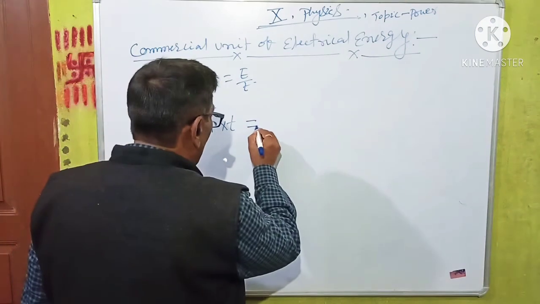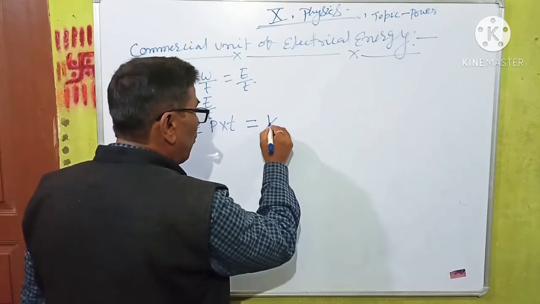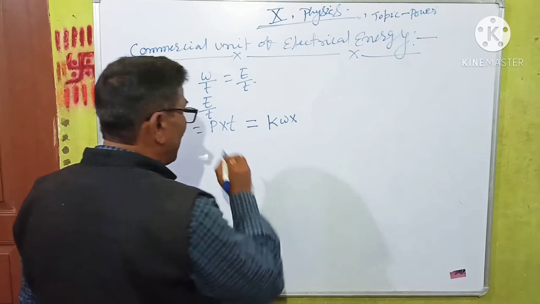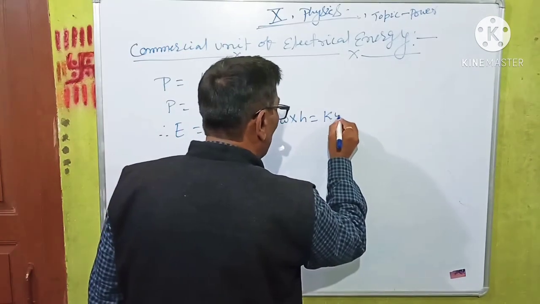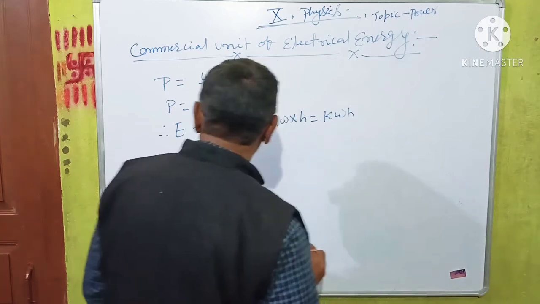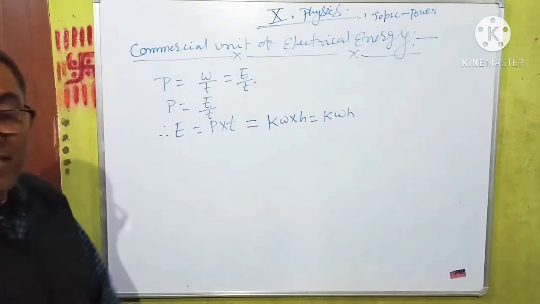The bigger unit of power is kilowatt and the bigger unit of time is hour. So kilowatt hour is the commercial unit of electrical energy.